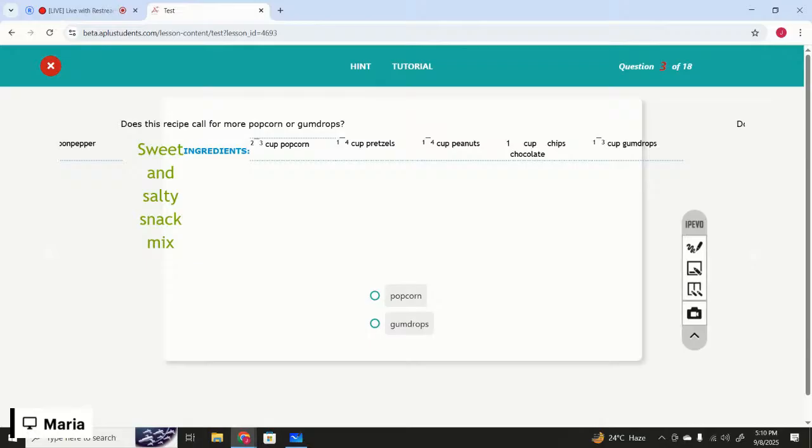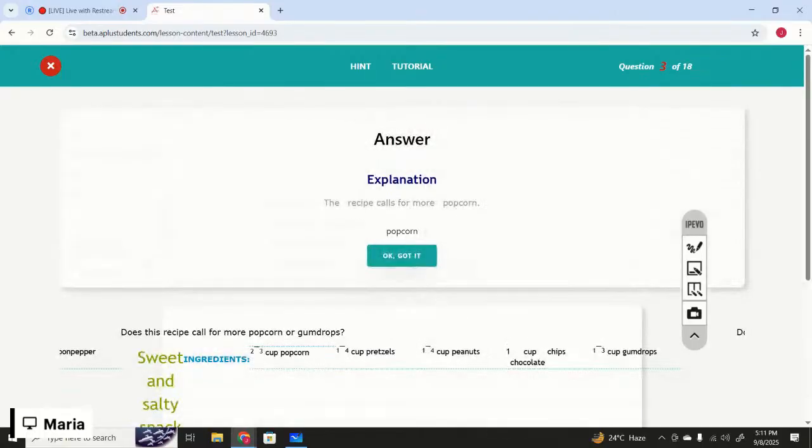Does this recipe call for more popcorn or gumdrop? 2/3 cup popcorn and gumdrop is 1/3. So we have more popcorn because 2/3 is more than 1/3.